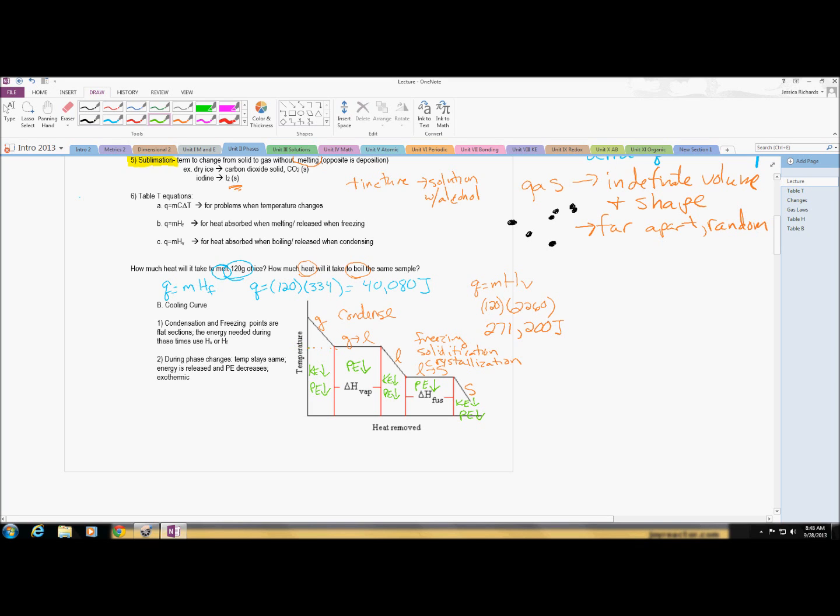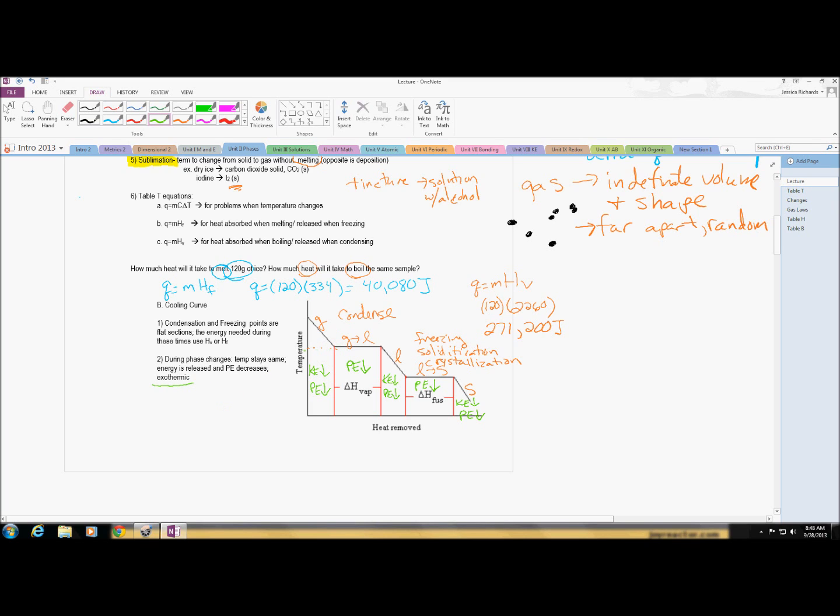Remember that a gas can be much hotter than its boiling point, and a solid can be much colder than its melting point. All of these phase changes are going to be exothermic. As we go from a gas to a liquid, or a liquid to a solid, or even from a gas to a solid in deposition, we have to release energy as those particles change their arrangements, and so they are all exothermic.